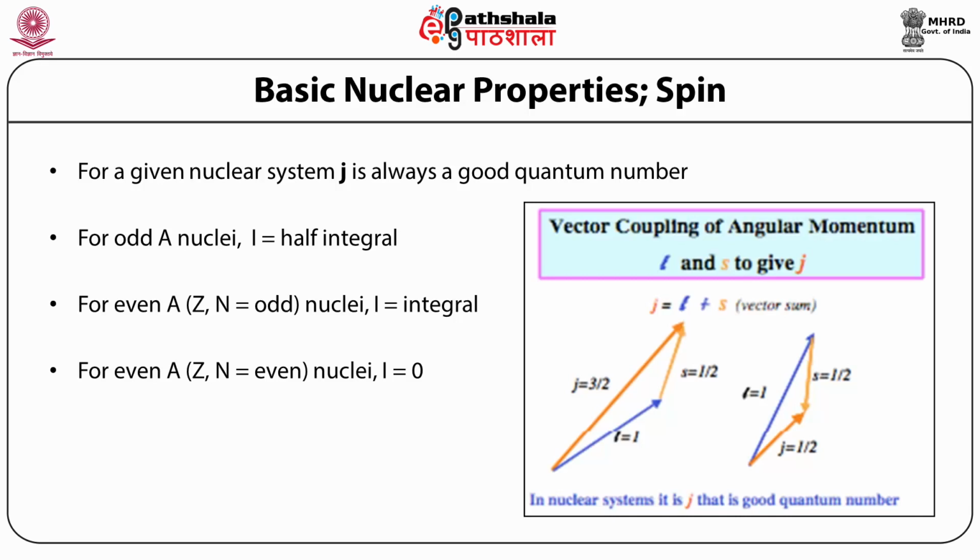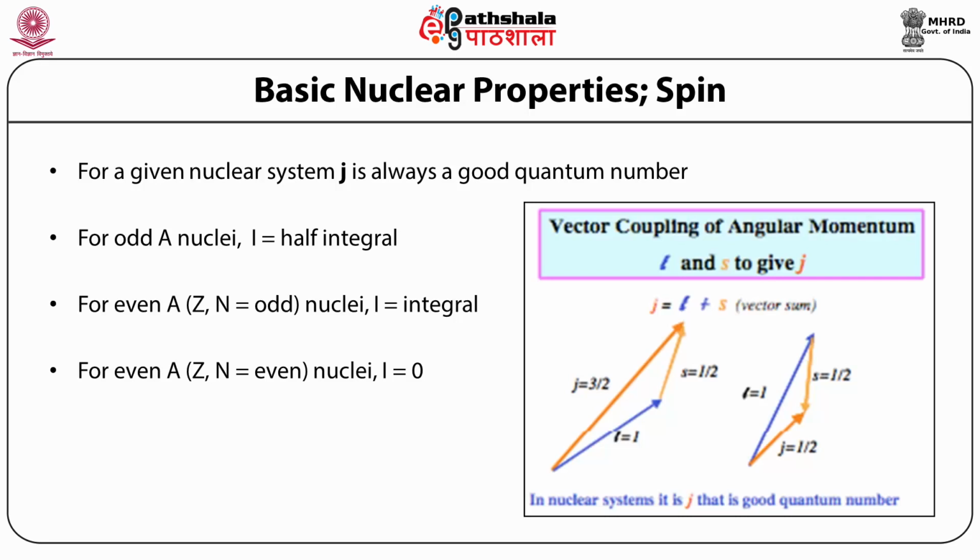In the picture on the left hand side, the vector coupling of angular momenta L and S is given. In the first picture, you can see that L is equal to 1 and S is equal to half. When added vectorially, they give the total spin J equal to 3 by 2.